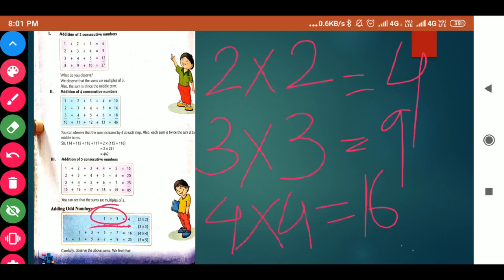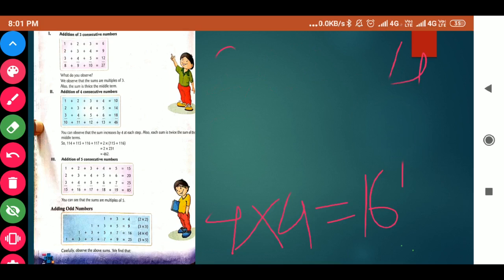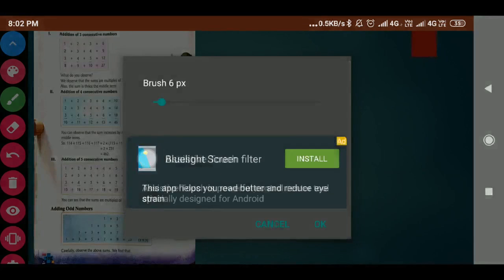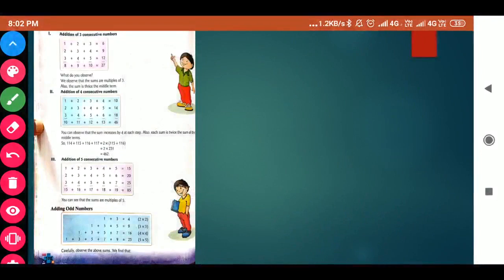Easy? You can find the sum of any odd numbers easily. Let us understand by taking another example.